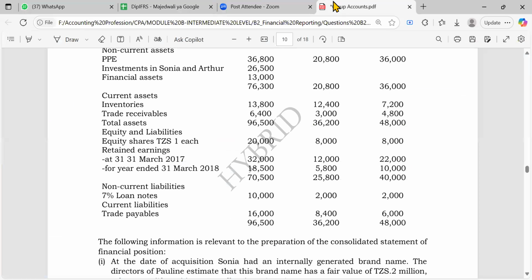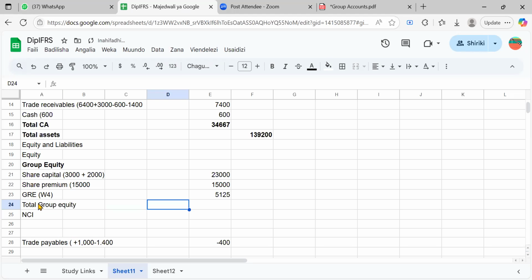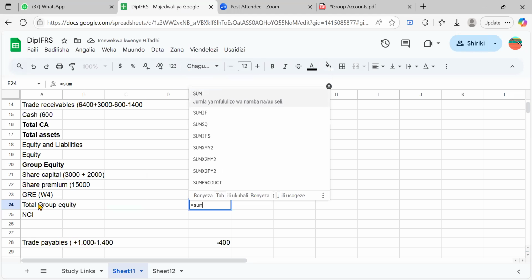And if you go down, nothing else, right? Nothing else for equity. So you already have the group equity. You can say total group equity. Yes. You could go on and sum D3.